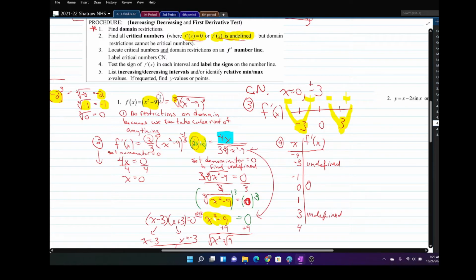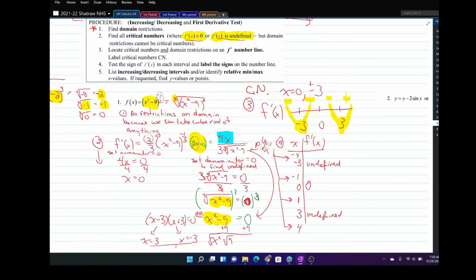And then out here, I'm going to go a little bit bigger than 3. So let me write this down. I picked that, I picked that, I picked that, and I picked that. You can pick anything you want, okay? You're allowed to pick a number, like say I could have picked negative 10, or I could have picked negative 2 instead of the 4s and the 1s, all right? So those are my options.